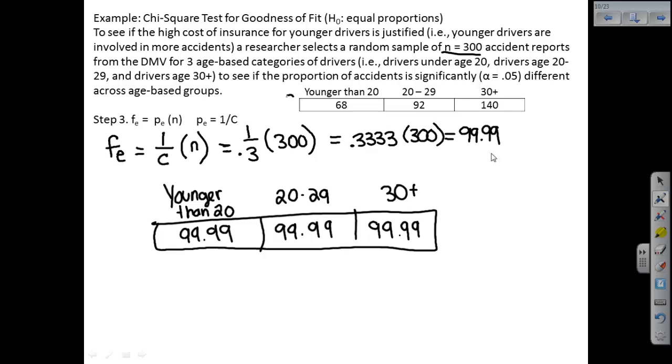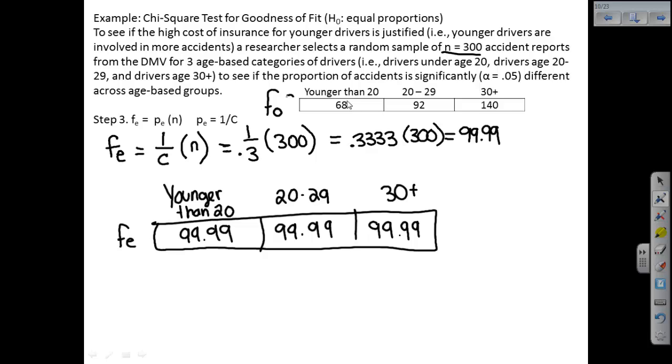Whenever you are doing this, you want to put your frequency expected into a table that mimics the table with your frequency observed. So these are your observed frequencies from your data.